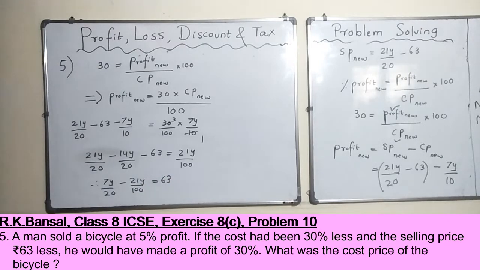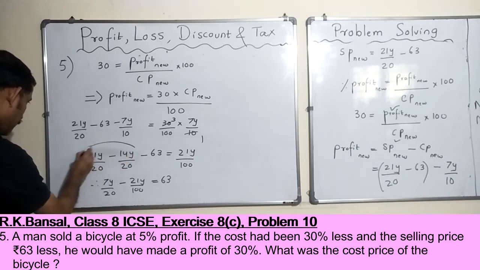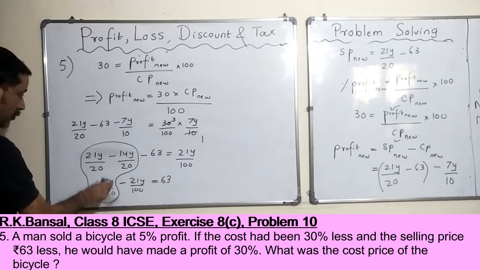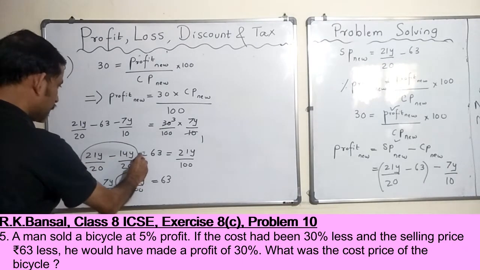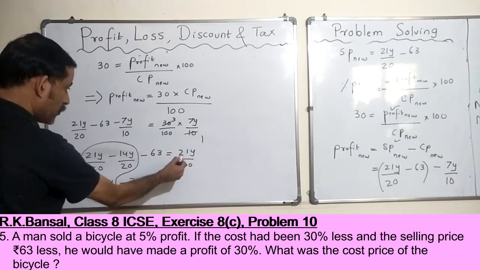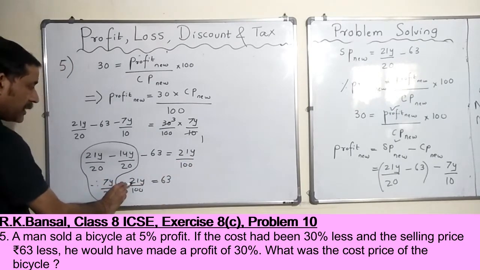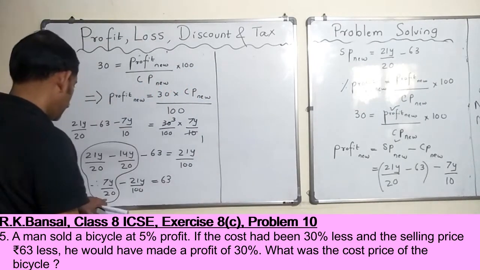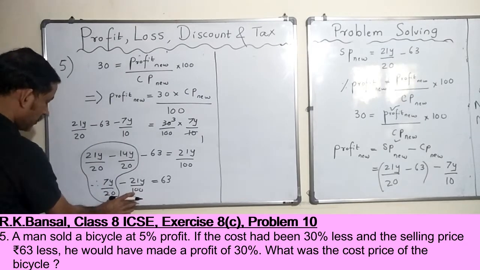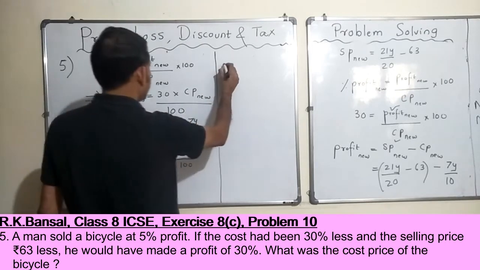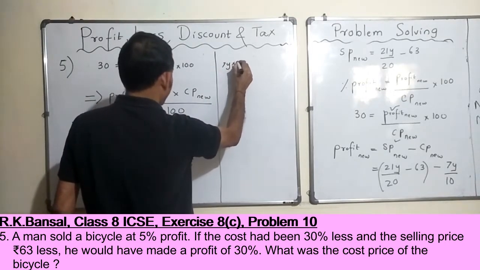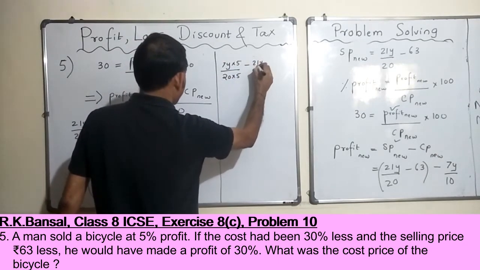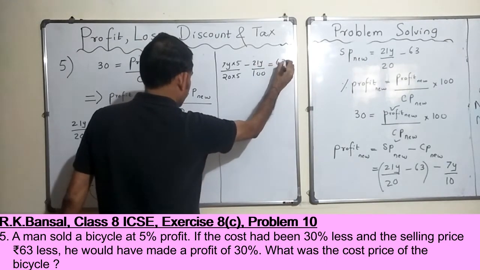I hope you understood this. So 21y minus 14y is 7y, and the denominator is common, 20, and I took 63 there, so it became plus 63. I took 21y by 100 on this side, so it became minus 21y by 100. Let's make the denominator 100, a common denominator, then we will sort out the numerator. So 7y multiplied by 5 and 20 into 5 minus 21y by 100 is equal to 63.